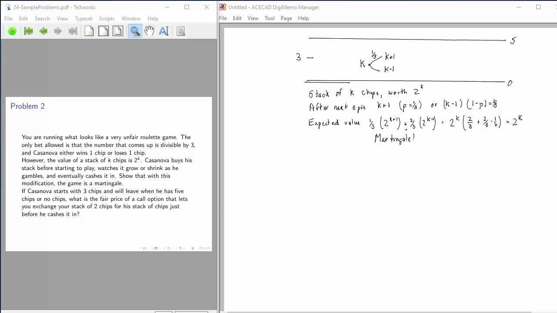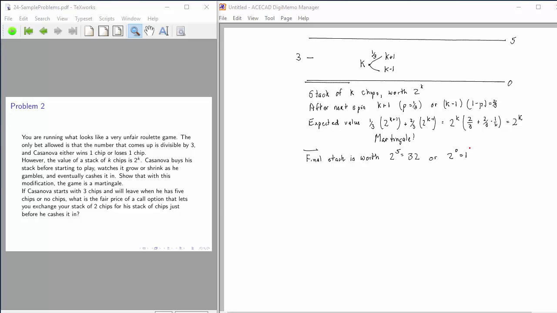Of course, you will only want to exercise this option if Casanova is leaving with a stack of 5 chips. So, his initial stack is worth 8, but his final stack is worth either 2 to the 5th, which is 32, or 2 to the 0, which is equal to 1.